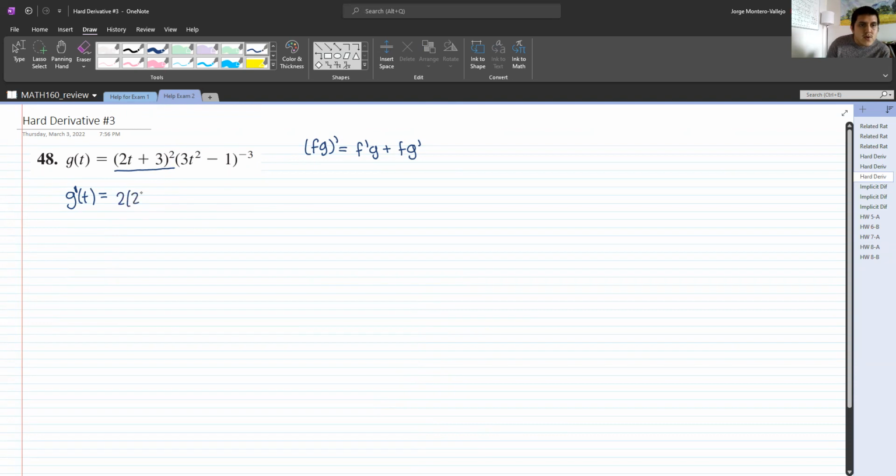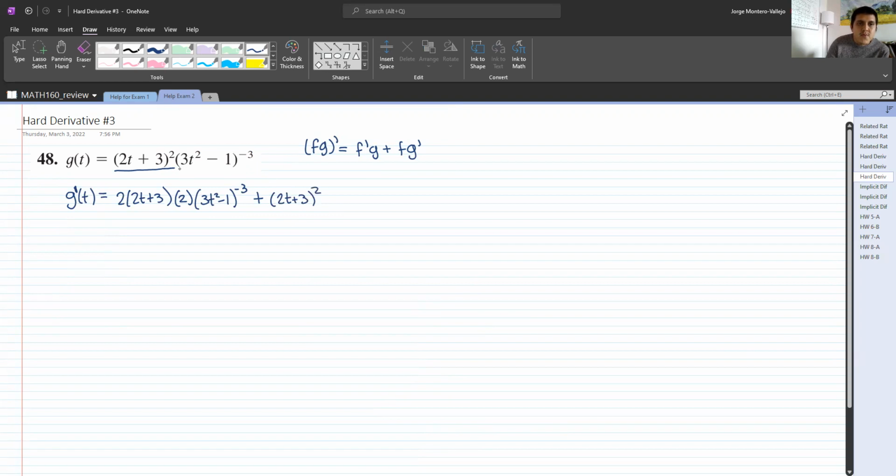So 2t plus 3, and then new power 1, and then we need to multiply by the derivative of the inside. Derivative of 2t plus 3, that's just 2. And then we need to multiply this by the second function, unchanged. So 3t squared minus 1 raised to -3. And then we do plus the first one, not differentiated, so 2t plus 3 squared.